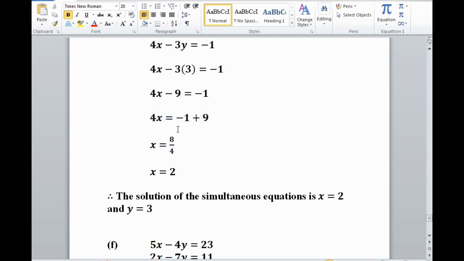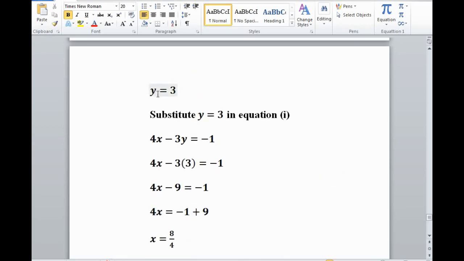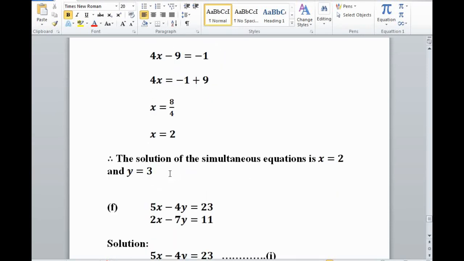So we get x equals 8 upon 4, and then we know that 8 is a multiple of 4, 4 times 2 is 8. So the solution of the simultaneous equations is x is equal to 2 and y is equal to 3.